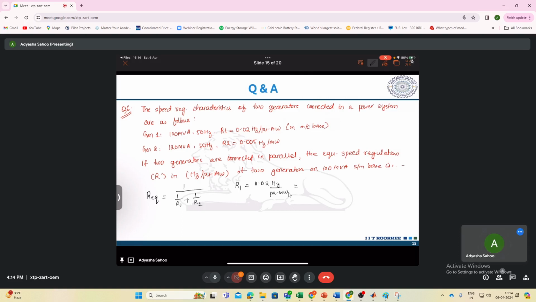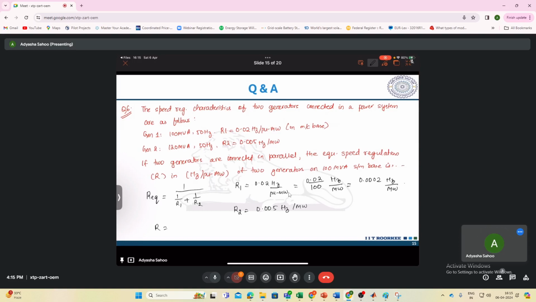Now it is asked that on 100 MVA system base, so divide by 100. So hertz per megawatt, it will be 0.0002 hertz per megawatt. And R2 is already given in hertz per megawatt, 0.005 hertz per megawatt.